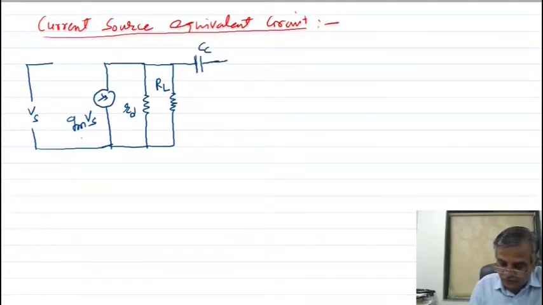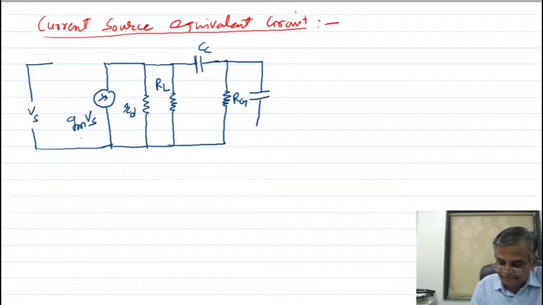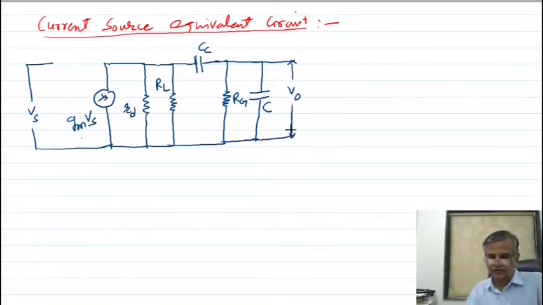Then here RG of the second stage. Then here shunt capacitance C, and across this I am showing you voltage. You can check. Look here.